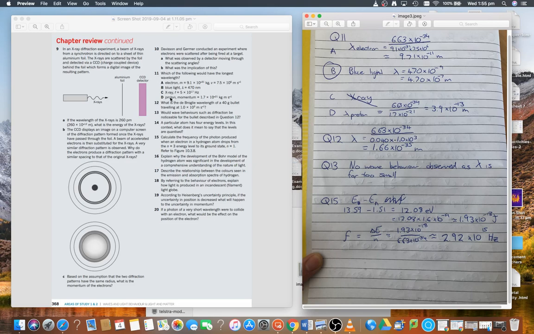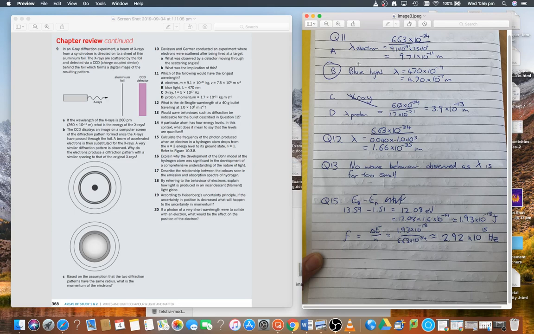So electron, proton, X-ray, and blue light. Now, blue light and X-rays are both classified as photons. So if I'm wanting to establish which has the longest wavelength, I straight away crossed out X-rays because visible light has a longer wavelength than X-rays and gamma rays, and ultraviolet.